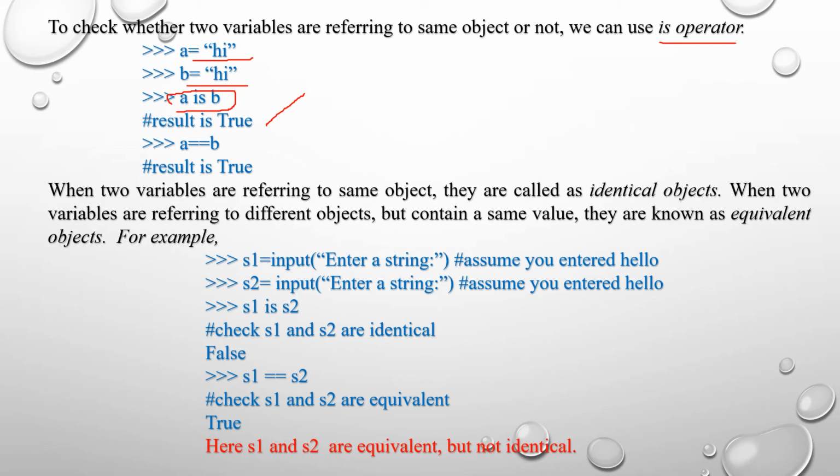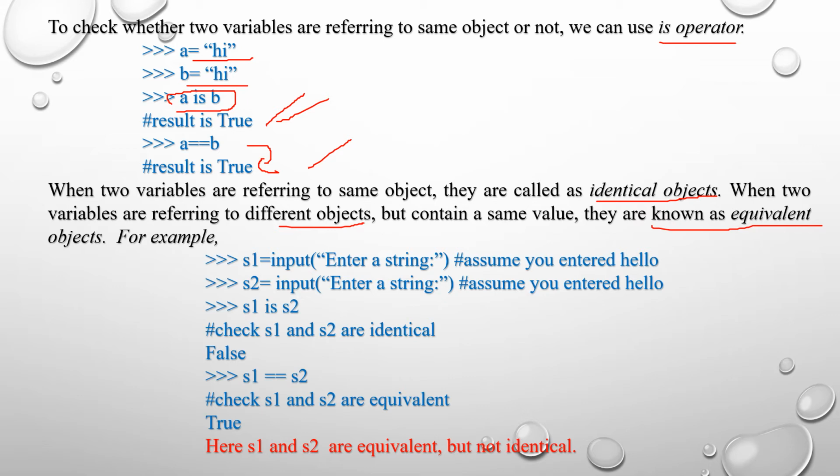Again, a double equal to b compares equivalence, and the result is True. So in both cases the interpreter gives True. When two variables refer to the same object, they are called identical objects. When two variables refer to different objects but contain the same value, they are known as equivalent objects.